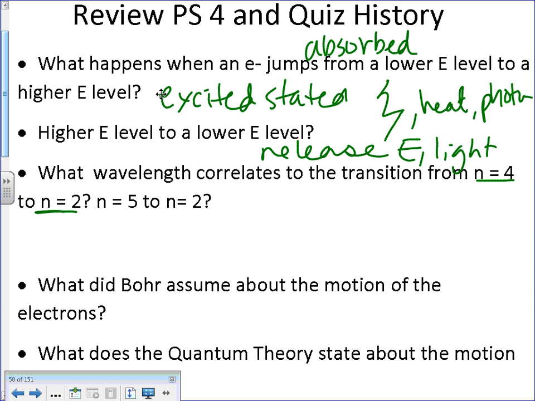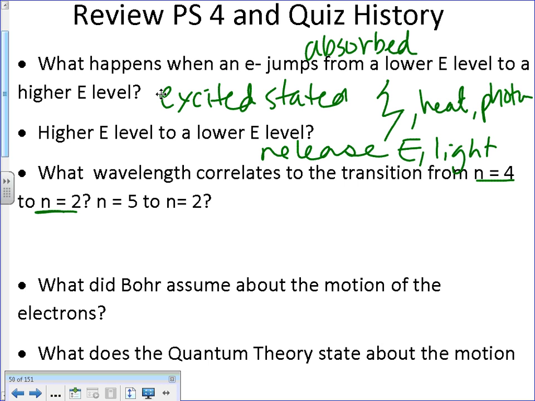All right, n equals 4 to n equals 2. The chosen one is Chloe. All right, 480? Is that what it is? You've got to look really close on this thing. 4 to 2. Can you guys see it? 486.